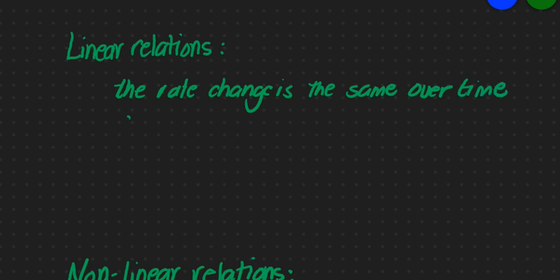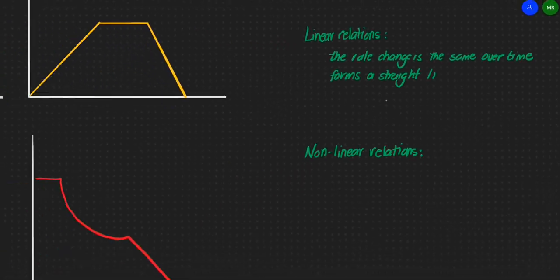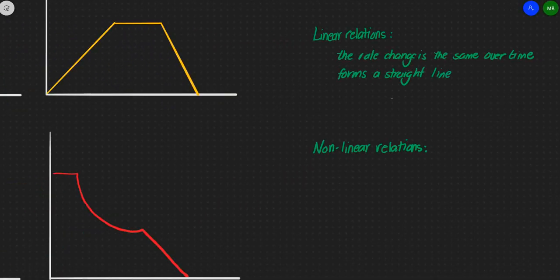And it forms a straight line. Whereas the nonlinear relation is where the rate of change varies over time.